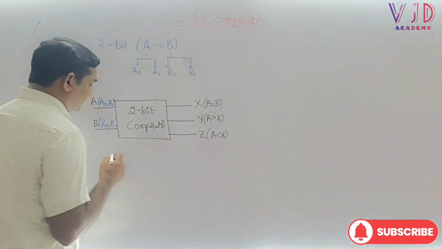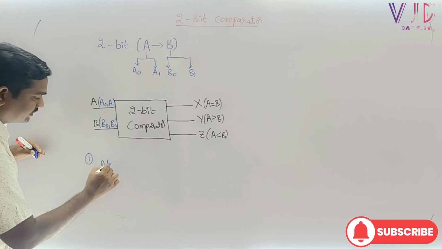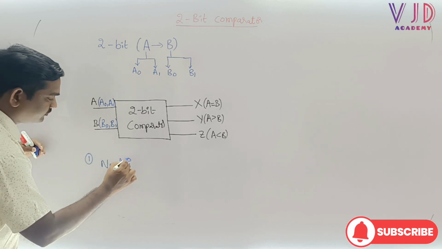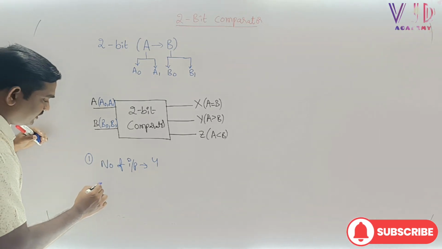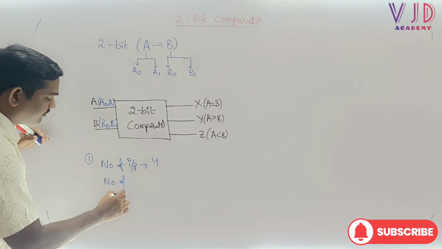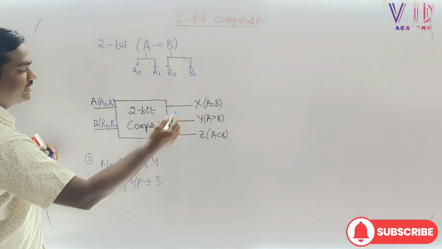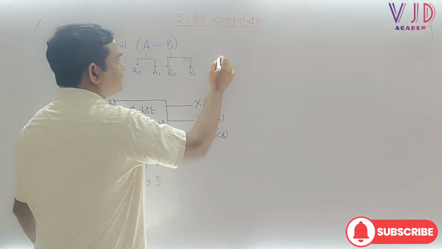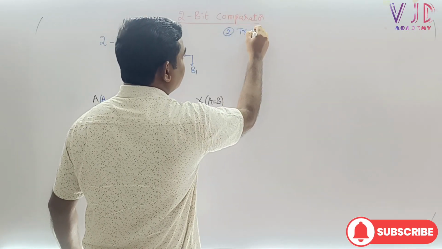Here I can write the first point: number of inputs is 4, and number of outputs is 3. So these are the 3 outputs. And now the second point is drawing of the truth table.